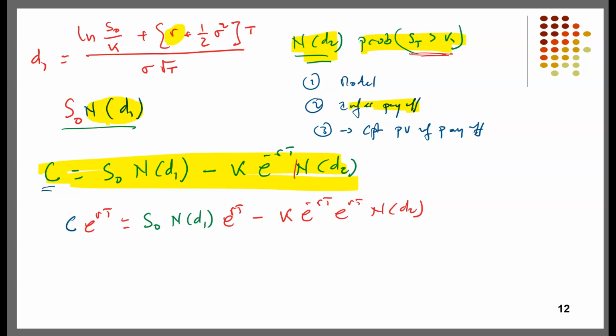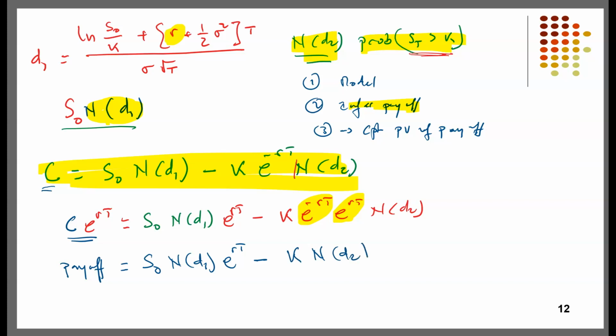Now you remember what we had here: whenever we multiply the exponential of minus rT by the exponential of rT, we get 1. So the future value of the call, which is really the payoff of the option, is going to be equal to S0 N(d1) future value minus, and what we have here is going to be the strike, so K N(d2).